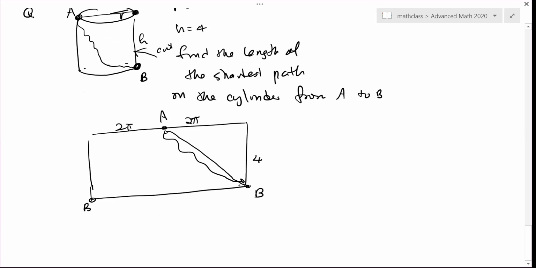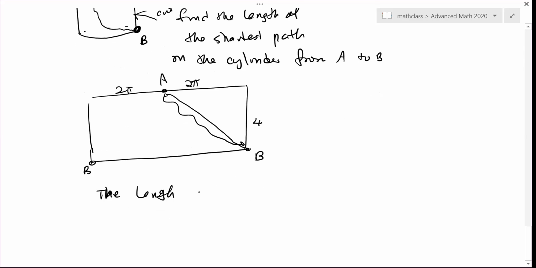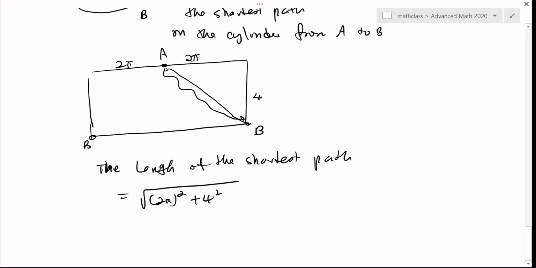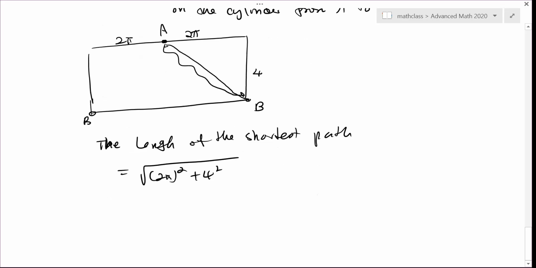So the answer will be the length of the shortest path, which is the square root of (2 pi) squared plus (4 pi) squared. And that's it. Now you have to use your imagination to do this problem.